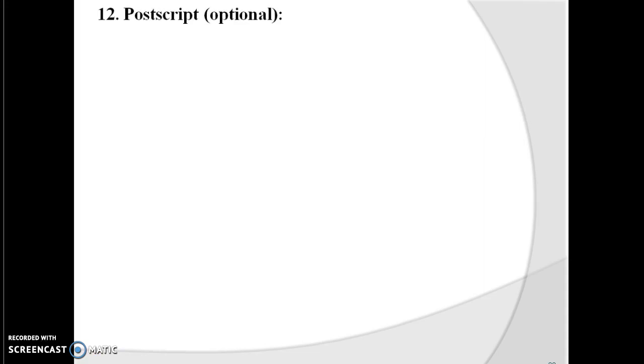Now, a postscript is optional. Suppose you have already written the letter and you recall that you missed adding something in the information. A postscript is written for adding information to the main content.